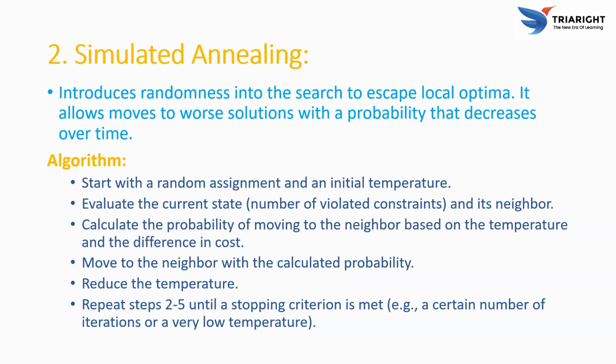The annealing schedule is a function that determines how the temperature T decreases over time, and a slow cooling schedule increases the chances of finding the global optimum, but takes more time.